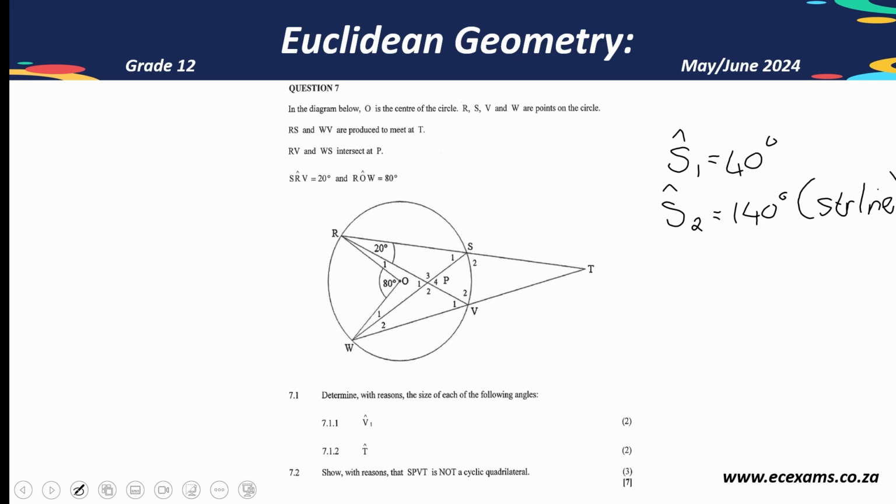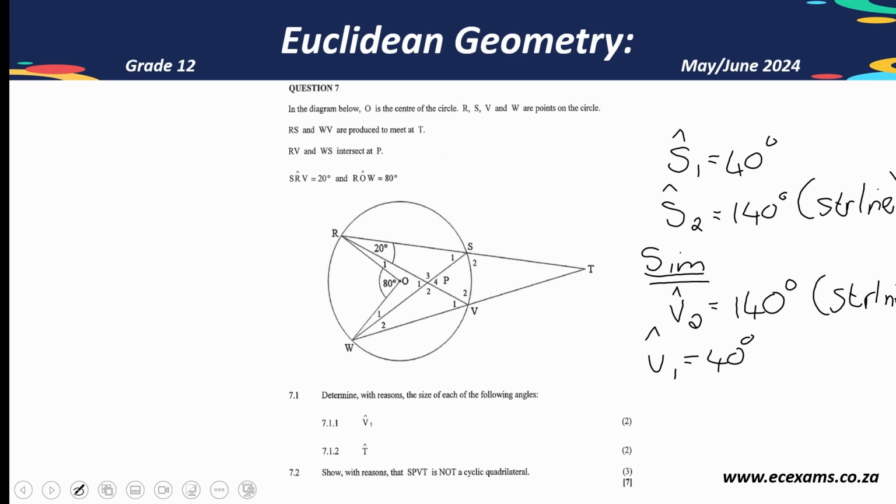And I can say that similarly, angle V2 is also equal to 140 degrees. Why? Because there's a straight line, STR line. Okay? And you have your arrow theorem. So just some background, V1 would be equal to 40. And there we go. Your straight line is 140.